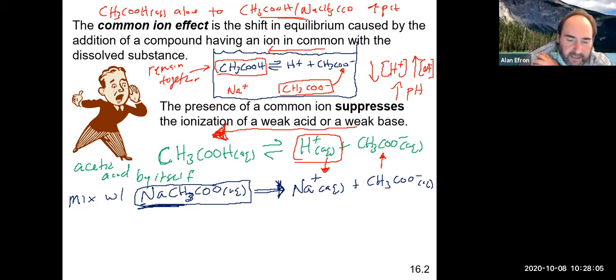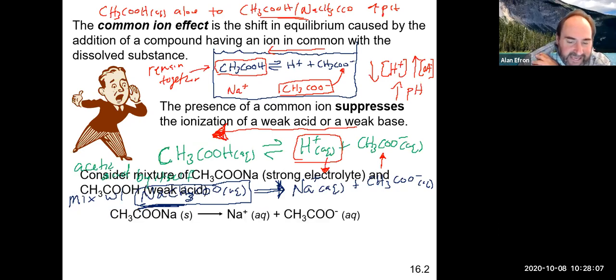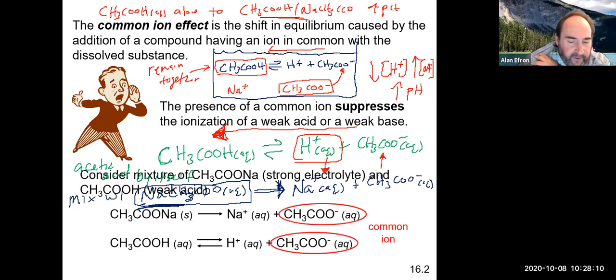So the common ion will keep the weak acid from breaking apart as much. The end result of that is it will lower the amount of free H plus in the solution. And remember that the pH is really determined by how much free H plus is in that solution.